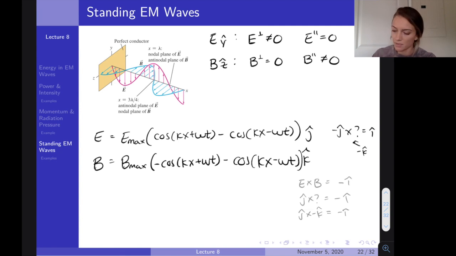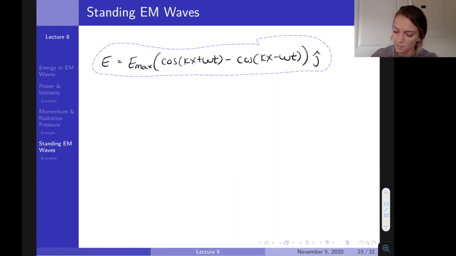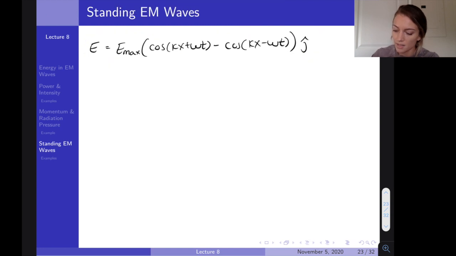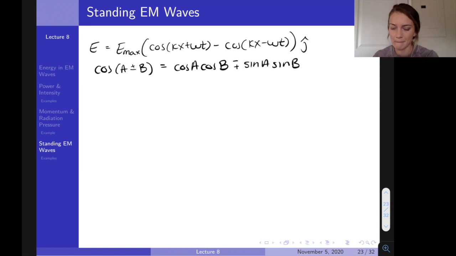Okay, now let's simplify this a little bit. Let's take this and move it over here, and find the standing wave equation. We're going to use a trig identity: cosine of A plus or minus B is equal to cosine A cosine B minus or plus sine A sine B. For our A and B, we'll have kx and omega t.